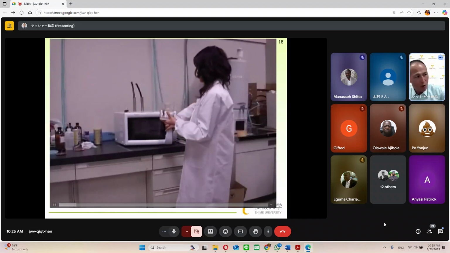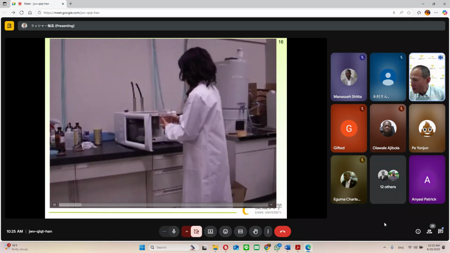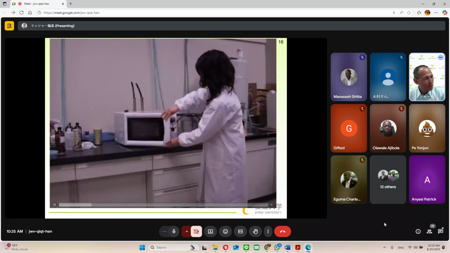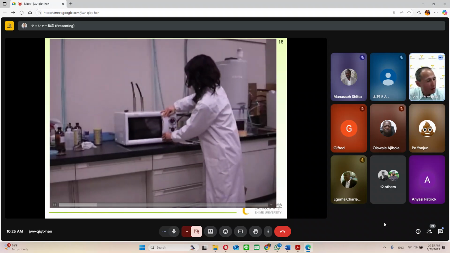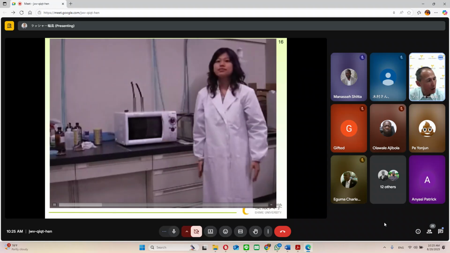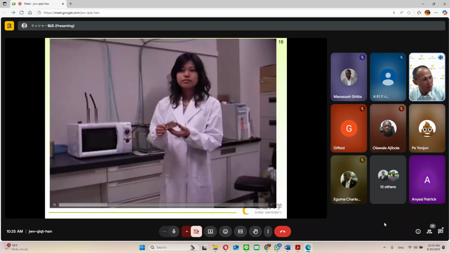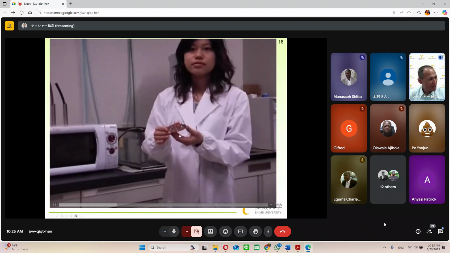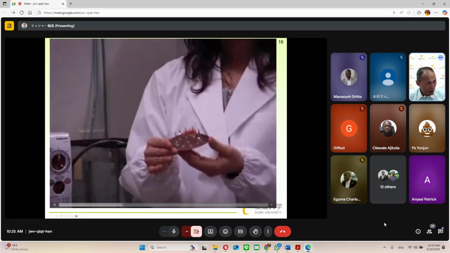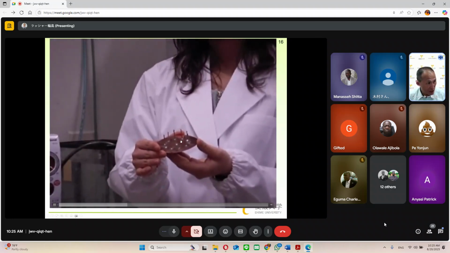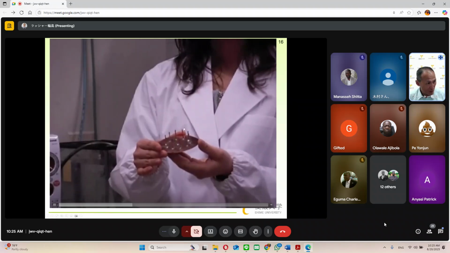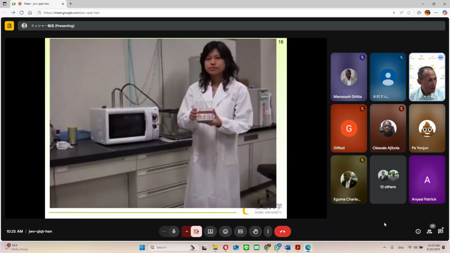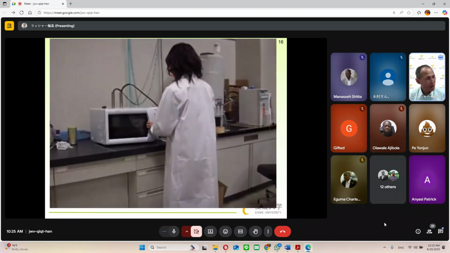Here is a conventional microwave oven, which maybe everyone has at home. This is the antenna, a copper plate with a lot of antennas attached to it. Here is some kerosene, this is oil.